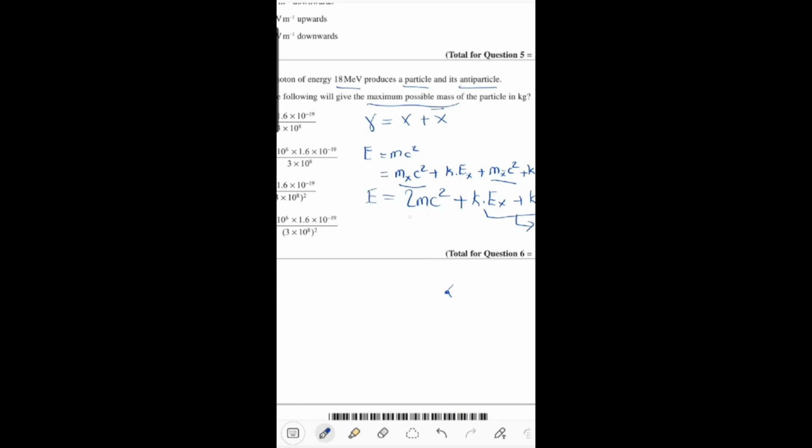So we have this, and then we make m the subject: m is equal to E over 2c square.